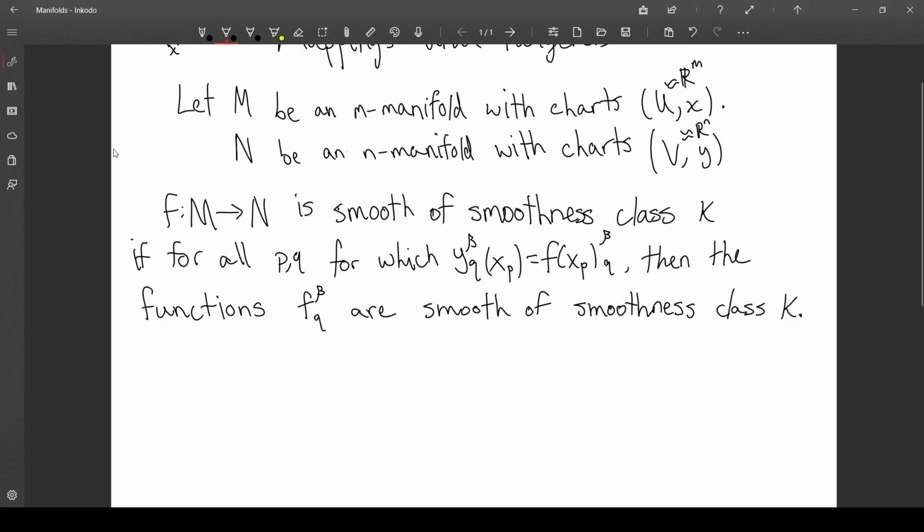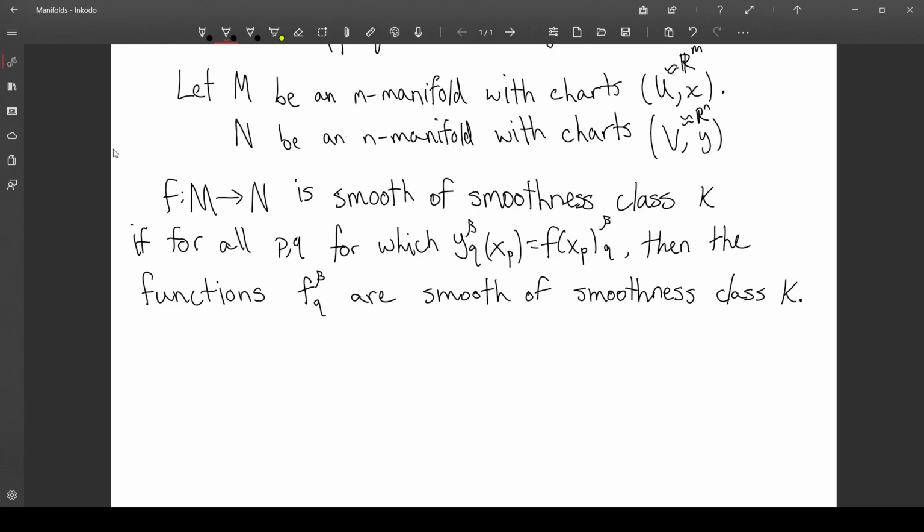So essentially what this definition is saying is that we're looking at charts U_p and V_q, where U_p is a chart in M and V_q is a chart in N. And so we're restricting our function f to a function from R^m to R^n.